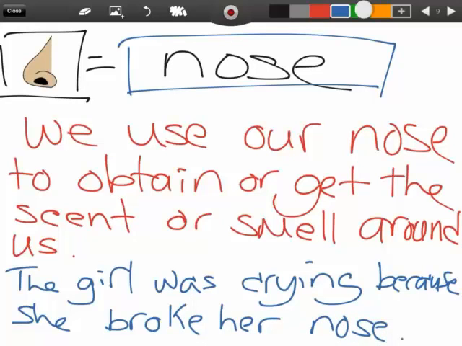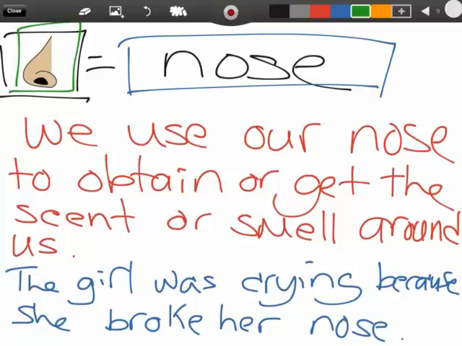The girl was crying because she broke her nose. So what is a nose? Well, we use our nose to obtain or get the scent or smell that is around us. And this is a nose, as seen in the picture. It's called a nose.